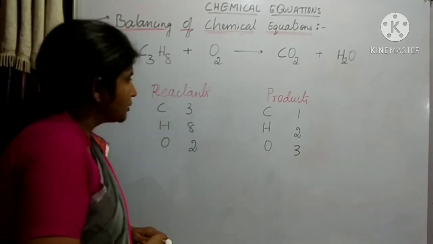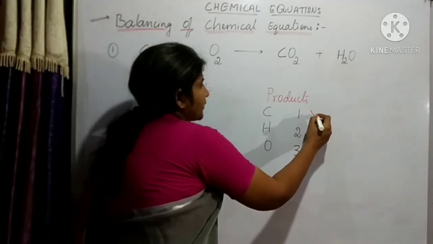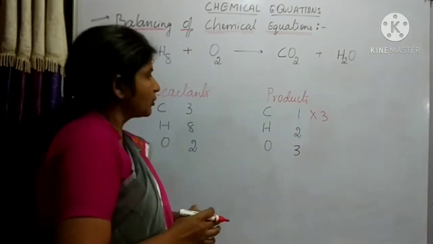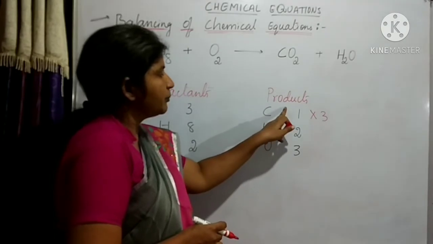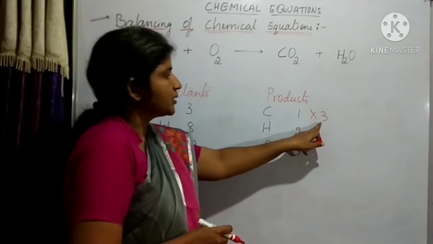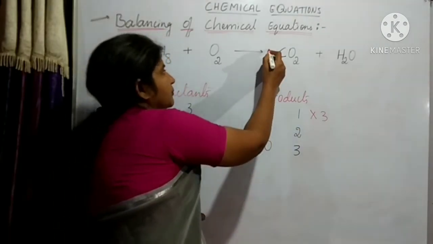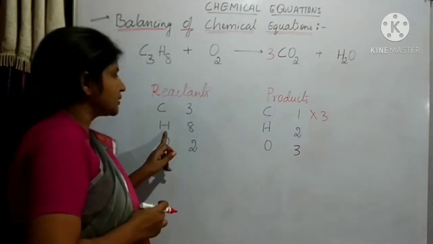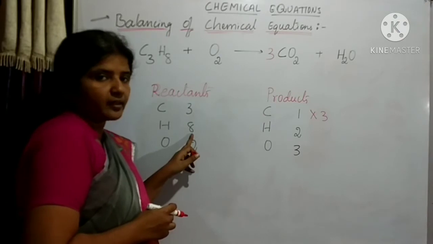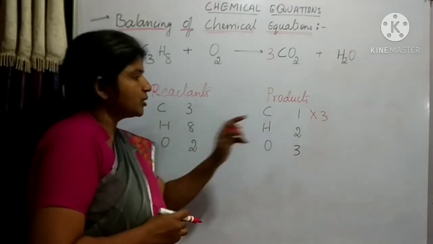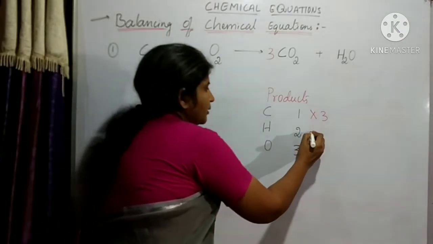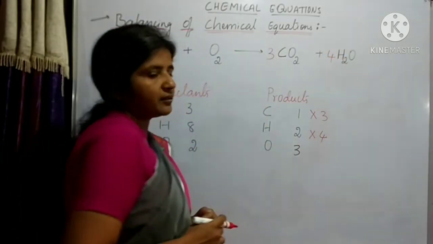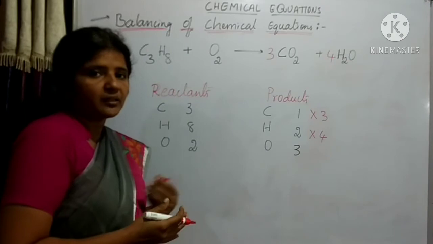By using a suitable number we can balance the carbons. On the product side only 1 is present, so we multiply with 3. Next, hydrogens on the reactant side are 8, but on the product side only 2. Just multiply with 4 on the product side. Then hydrogens are balanced.